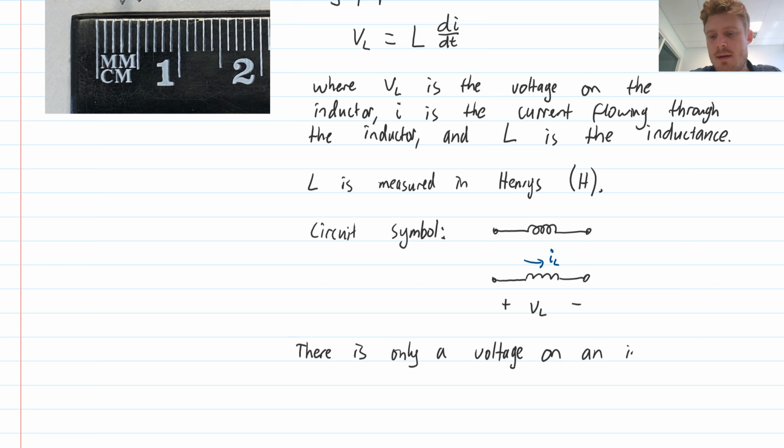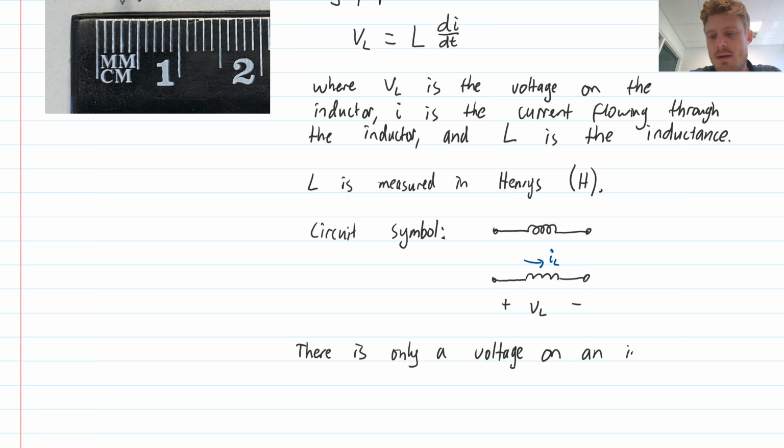The voltage is proportional to the rate of change of current. Constant current equals no voltage. This is very different behavior to resistors. For a perfect ideal inductor, if the current was constant, there would be absolutely 0 volts across that inductor.